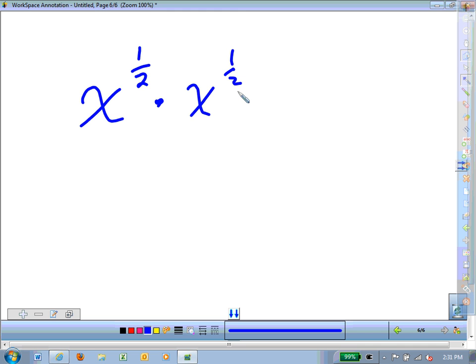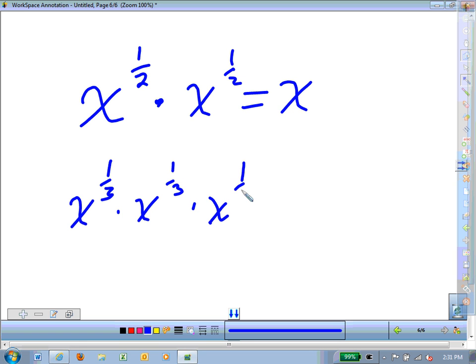The whole thing. That's what half of the factors should mean, that it would take half of those to make the whole thing. So if I put 2 of them, that should do it. Or if I took a third of the factors, then I should put 3 of those together. I get back to 1 of them, don't I?